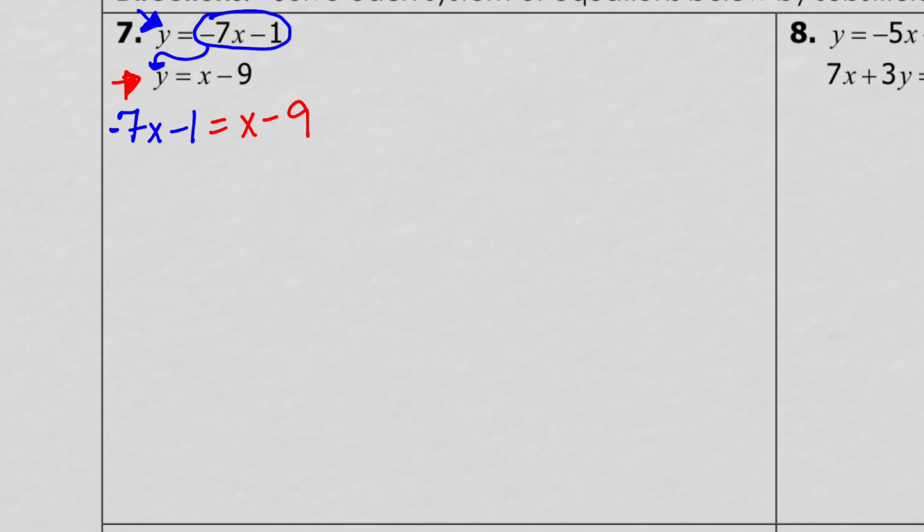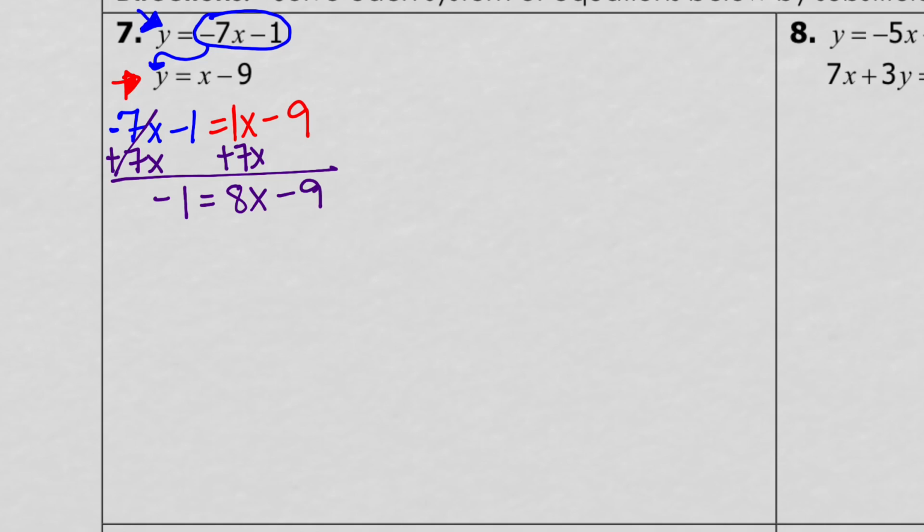So when I'm looking at this, immediately I see that I have a -7x and a positive 1x because there's technically a 1 right here. What I want to do is, for me personally, I like to try to make my x's be positive so I don't have to divide by a negative, okay? So we're going to add 7x to both sides. So we will get -1 equals 1x plus 7x is 8x minus 9.